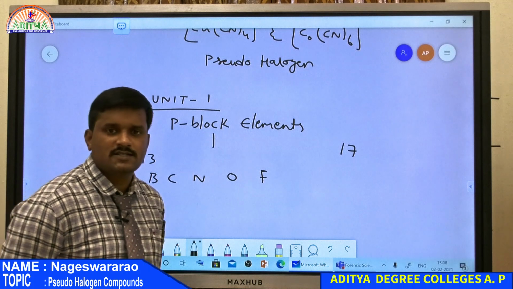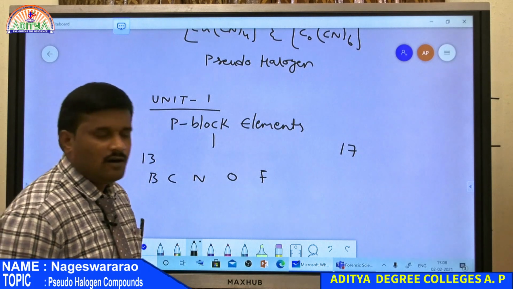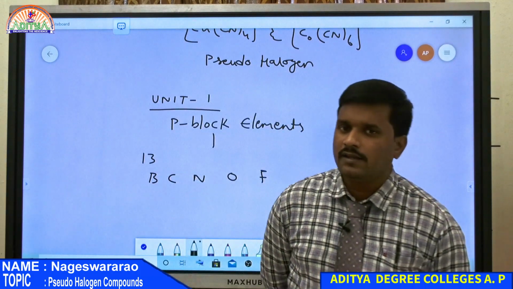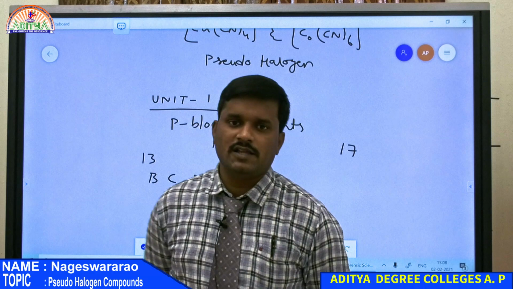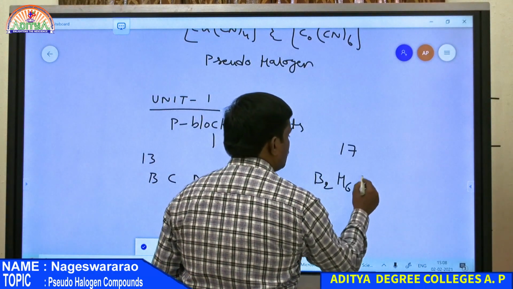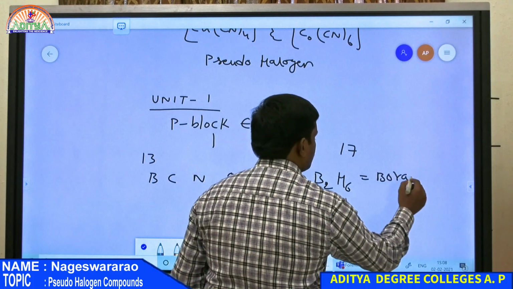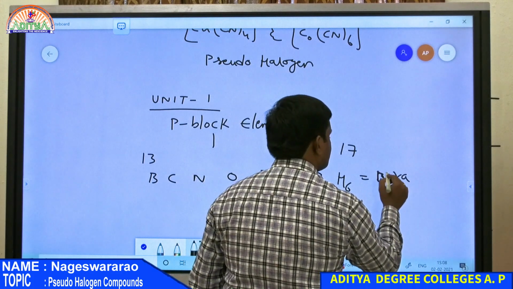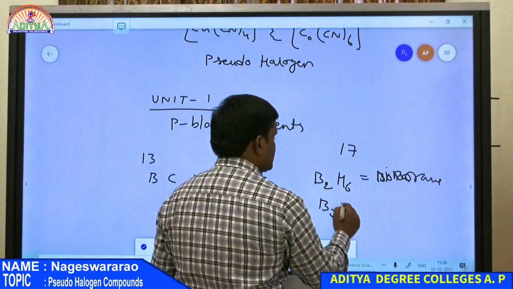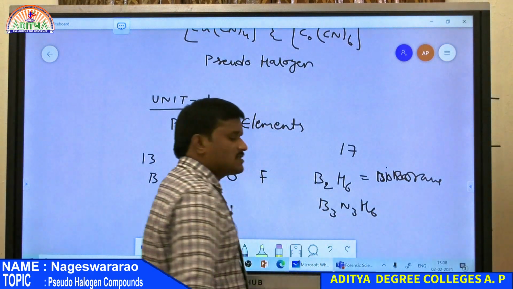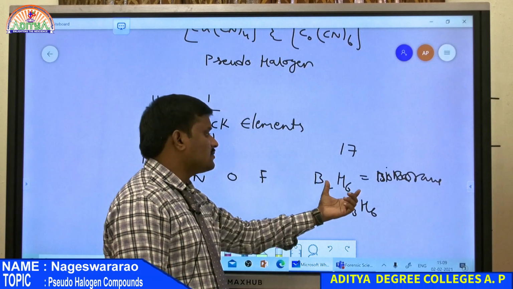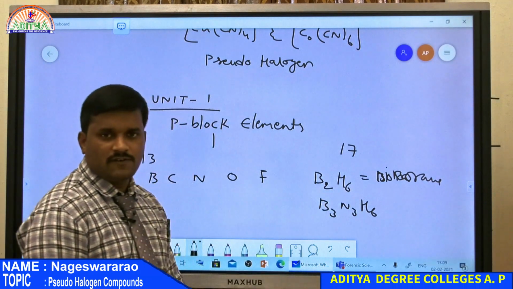In the chapter we discussed the elements present in all the families, their physical properties from top to bottom, and then the preparation of some compounds like diborane B2H6 and borazole B3N3H6. These are the compounds of the boron family.